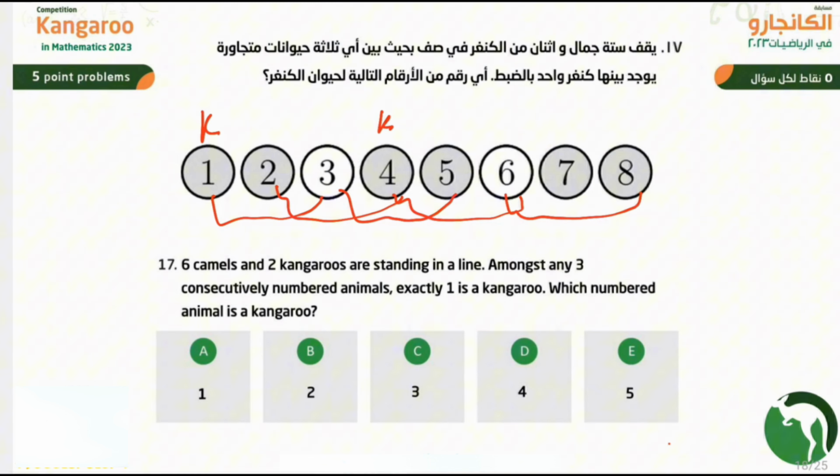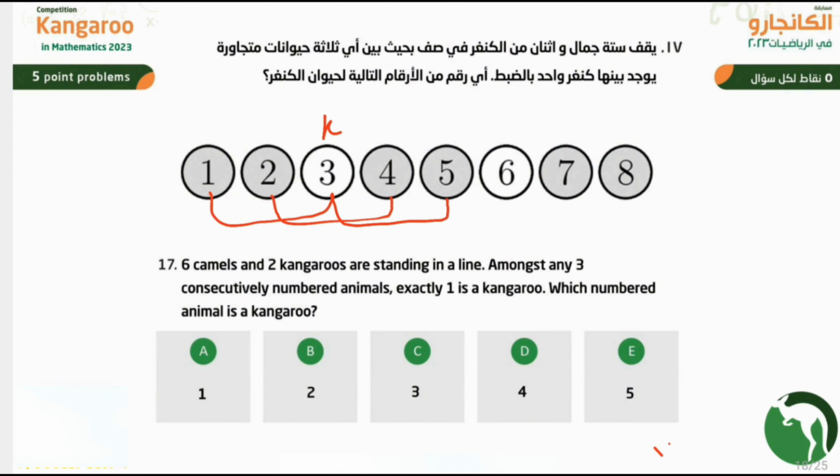So I will try to place the kangaroos in the middle, so that all 3 consecutively numbered animals will have a kangaroo amongst them. If we place the first one here in number 3, here it's satisfied, also here, and here also satisfied.